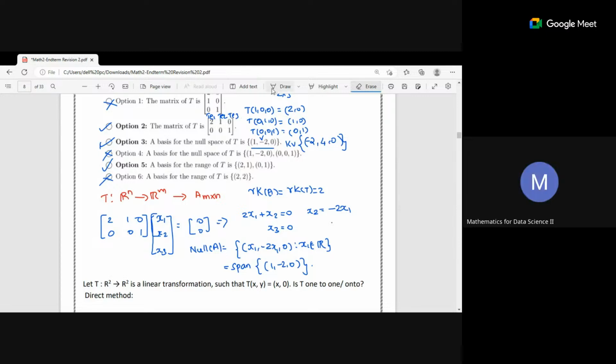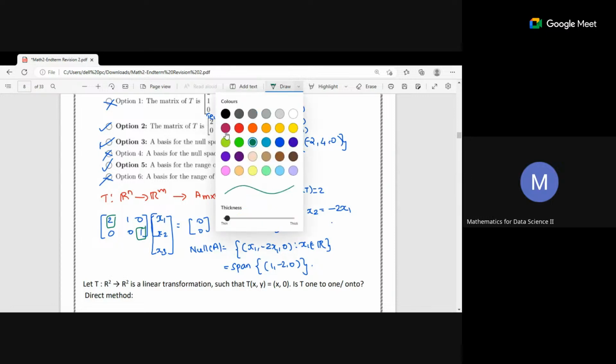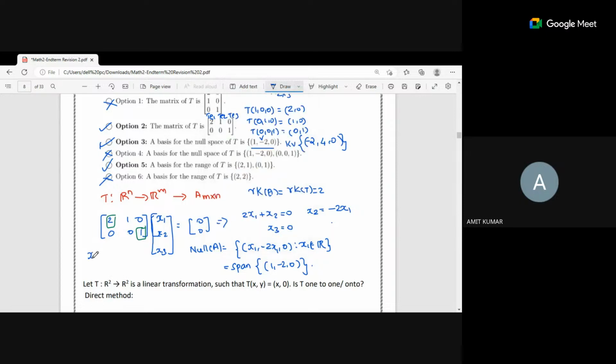So which is the dependent variable and which is the independent variable? X2 is independent, and x1 and x3 are dependent.